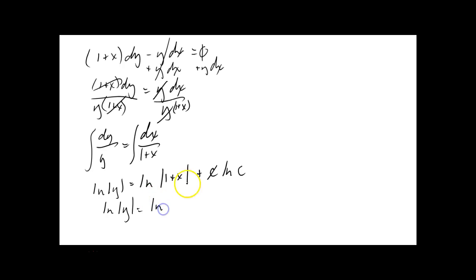The log of C times absolute value 1 plus x. Okay? Now that's the same deal, right? Because the log of a product is the sum of the logs. Now you've incorporated the C into the function, so to speak.